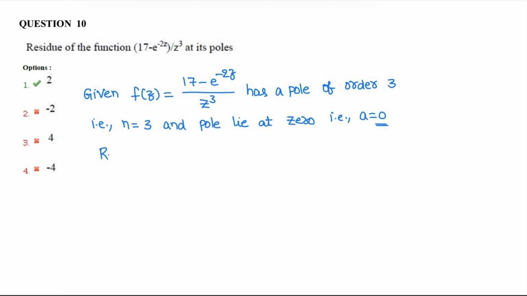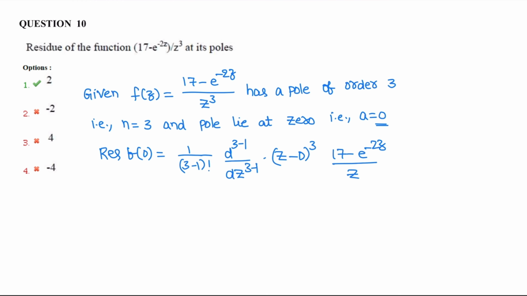Now residue of f at 0 is equal to 1 by (n minus 1) factorial, that is 1 by (3 minus 1) factorial, d power n minus 1 by dz power n minus 1 of (z minus a) whole power n, that is z minus 0 whole power 3, into f of z. f of z is (17 minus e power minus 2z) by z cube.